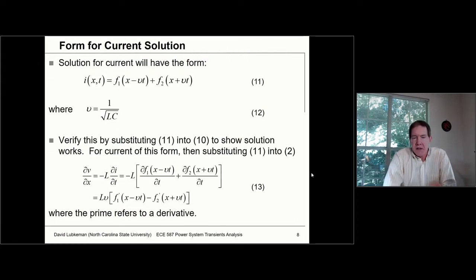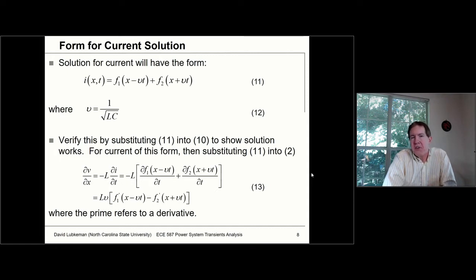It turns out if you play around with these two telegrapher equations, and think about what the solution would be, the solution for current is going to have the form of a function f1 with the argument x minus, I'm going to call this vt, plus f2 with an argument x plus vt, where it turns out that v is equal to 1 over the square root of L times c.